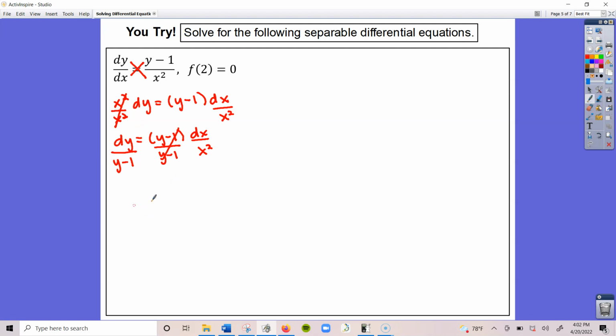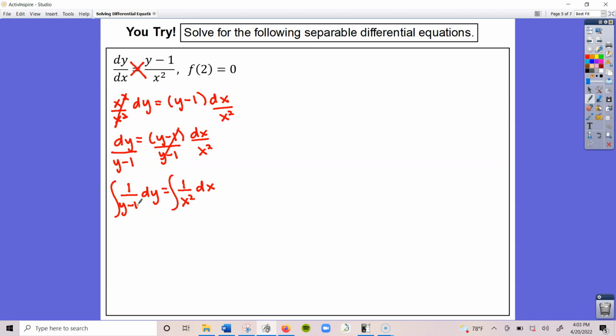Now I can rewrite this so that it's easier for me to integrate. If I have dy over y minus 1, I can move the dy to the side, so it will be 1 over y minus 1 dy is equal to, and I can do the same thing here, move the dx to the side, so it will be 1 over x squared dx. Now I can start integrating.